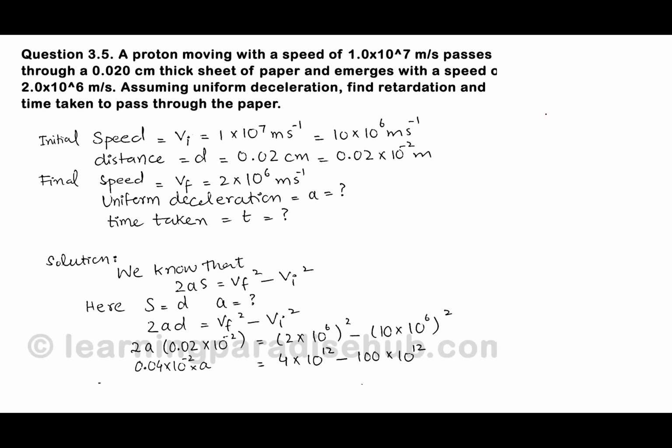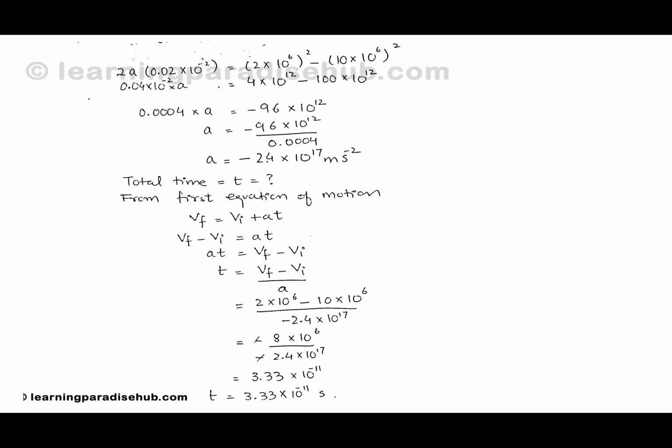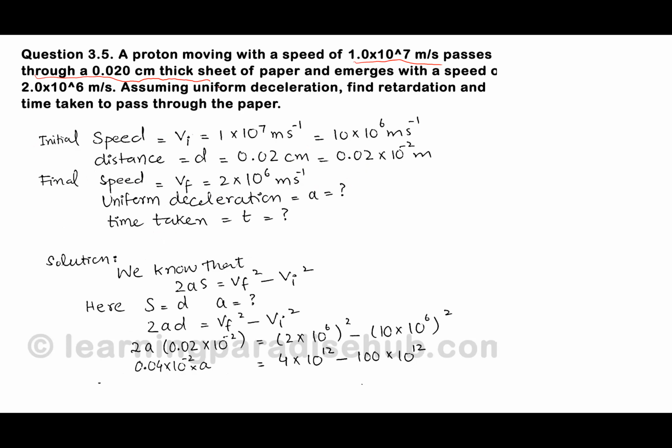Now, a proton moving with a speed of this. This is the speed of the proton. The thickness of the sheet of paper through which it passes is this, 0.020 centimeter. Speed is this one, final speed is this one, final velocity.